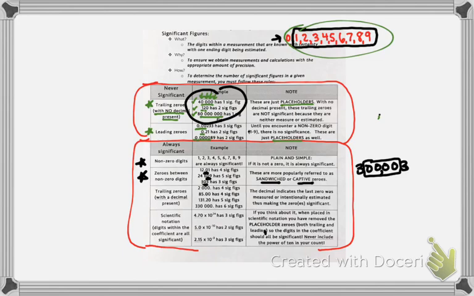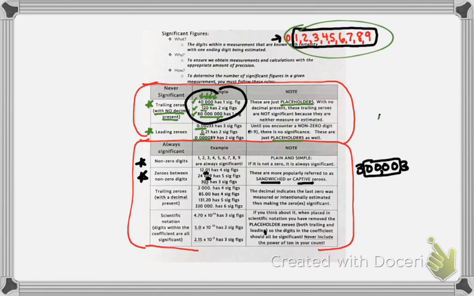If that decimal was not behind 2,000, then the 3 zeros would not be significant. But because there is a decimal there, that means that 2,000 is a certain number, okay? So it is known with certainty that it's exactly 2,000. It's not just rounded, okay? So 2,000 with the decimal behind it makes this significant, all right?